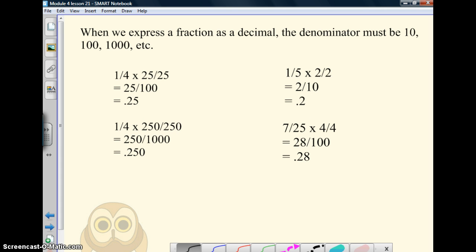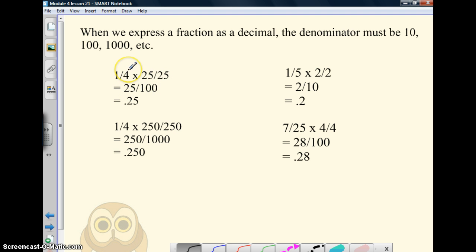So what we're going to do here is just look at what I did. I took 1/4 and I multiplied it by 25/25ths, which is the same thing as multiplying it by 1, right? Okay, so then 1 times 25 becomes 25, and 4 times 25 becomes 100.